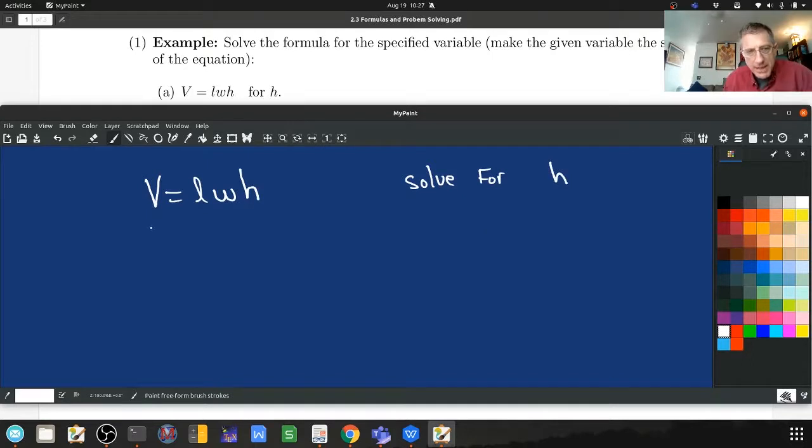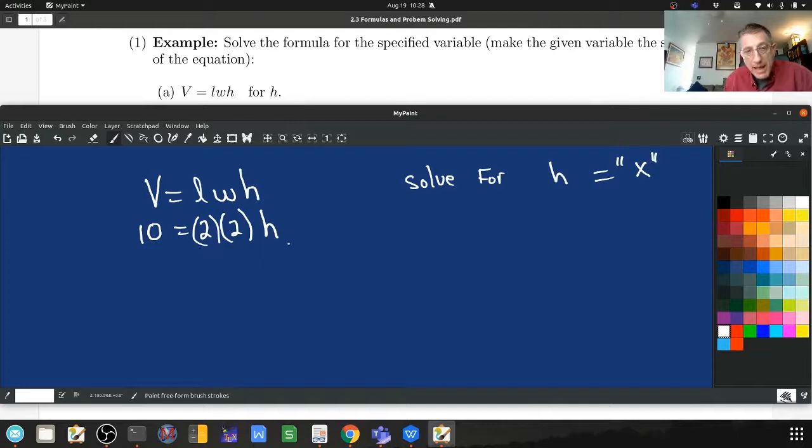I'm going to give V an actual value. Now I'm going to give L a value of 2 and W a value of 2, and H is going to be my unknown. So H is standing for our X here. It's our unknown. So how would you solve for H?